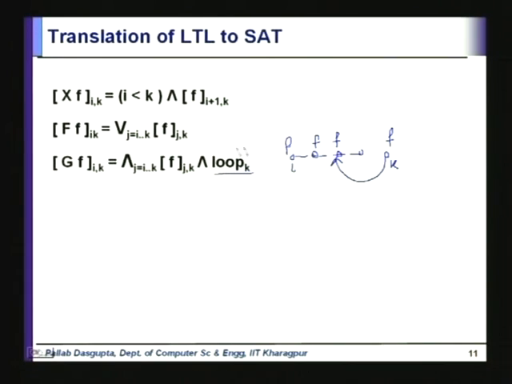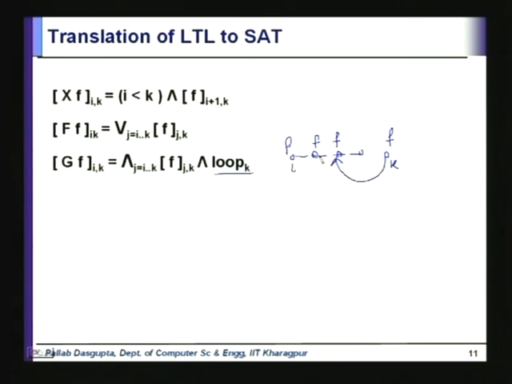Now, this loop k is always checked from k, the last state in your bound. Now, is that a correct thing to do? It is correct, because this state is always going to be in the loop. If you have a loop, then this one will definitely be in the loop.